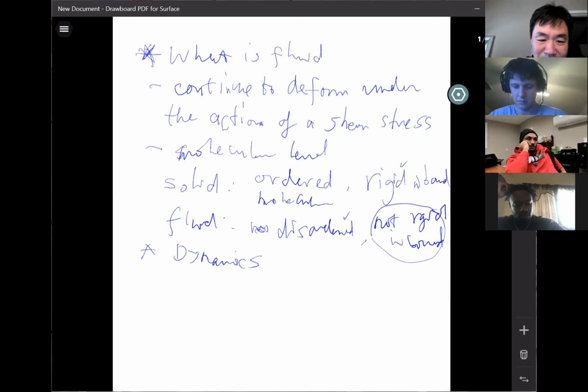Dynamics is between force and the velocity movement, right? So for example, you drive an F-150 at 60 miles per hour on 210. You hit the pole, boom. What happened to the speed? 60 miles per hour suddenly goes to 0 miles per hour.